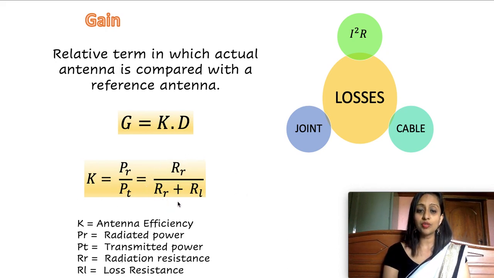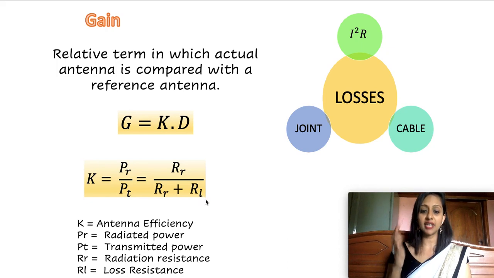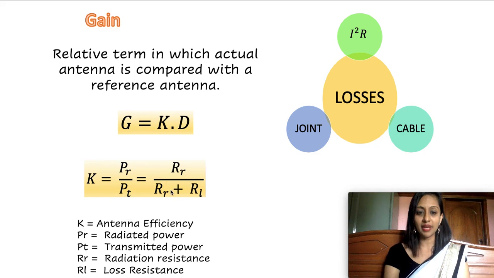Or I can also speak of antenna efficiency with respect to this expression, where RR is the radiation resistance and RL is the loss resistance. If I design my antenna to have only radiation resistance, then again my K will be 1, assuming loss resistance is 0. Okay, this doesn't happen practically. Hence, the efficiency would not be 100%, it is less than that, and gain also reduces.